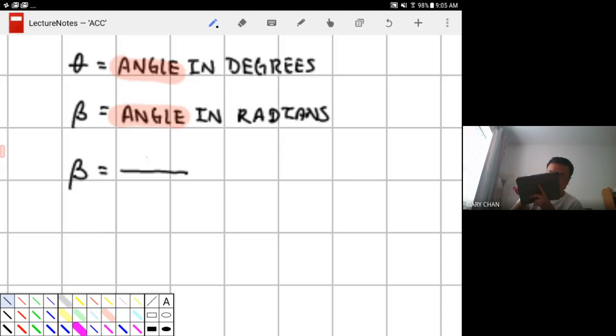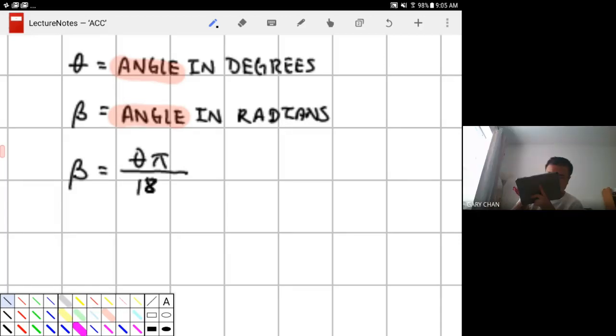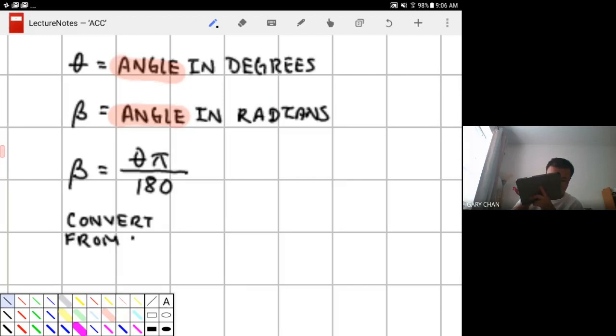The other way around. So it's theta times pi over 180. Okay, so that's the direct conversion. This is the conversion going from theta to beta. So convert from degree to radian. And Michael, if you don't remember this, I highly encourage you to write this down, all right?